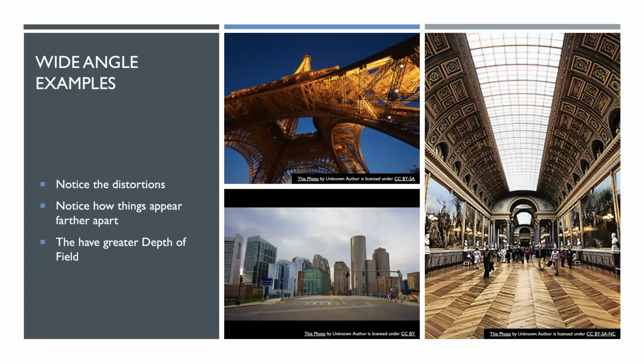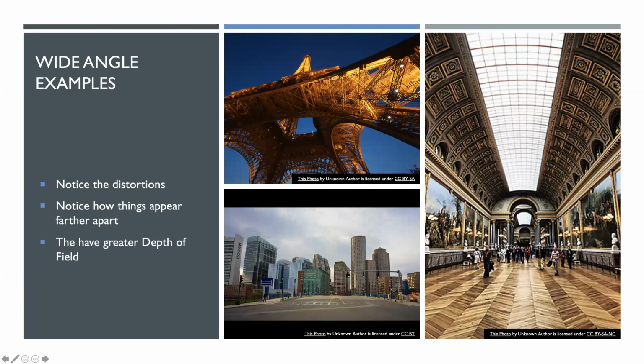Wide angle examples. I pulled these from the web, so that's why this one on the right isn't exactly sharp, but you do get the effect of especially the distortions, especially this image on the right. Notice how it does seem like a distorted angle of view on this whole scene.